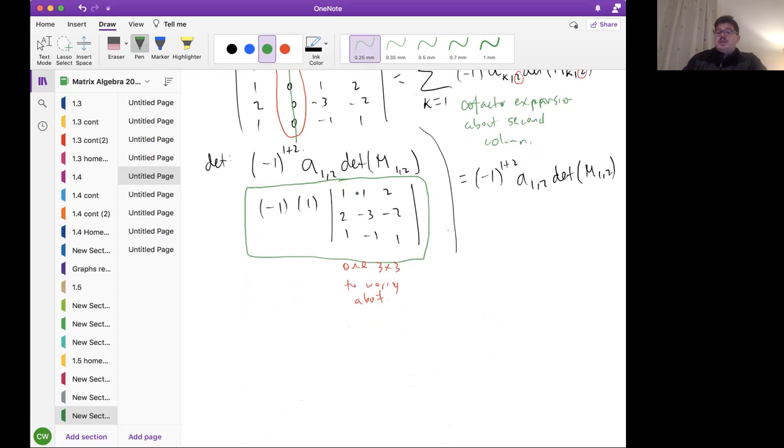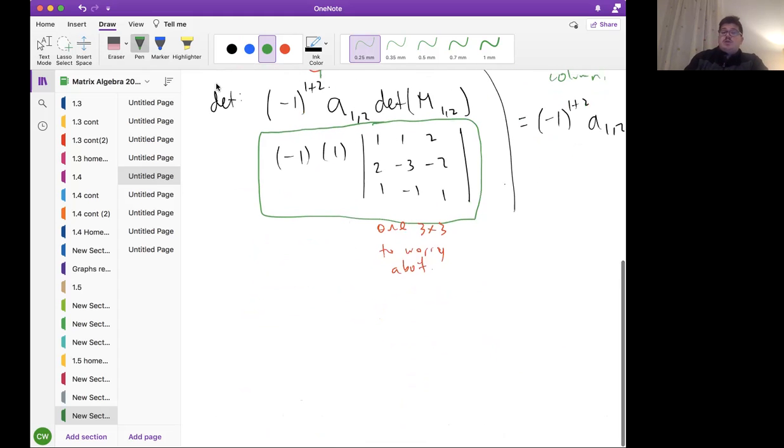And you can do the same thing even when we're here. To calculate this 3x3, there are no zeros there, so that's rough. But we can do row ops to give ourselves more zeros. Is that okay?